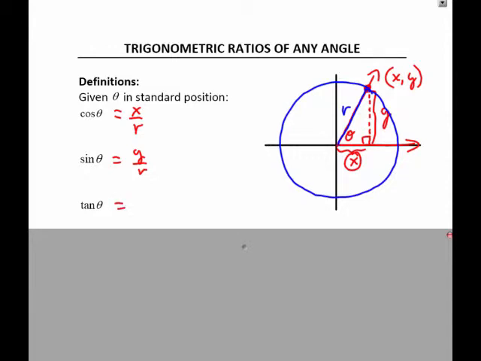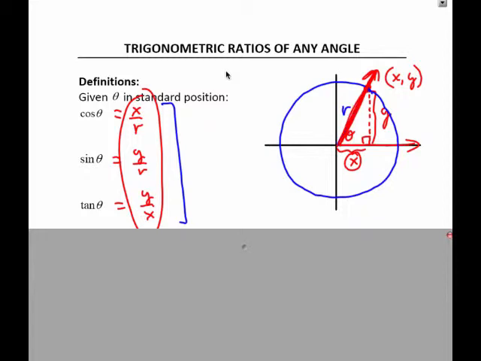And tangent is opposite over adjacent, which is y over x. These are the three definitions of the trig functions you'll want to remember. Because even though I drew my angle in quadrant 1, I could now move this terminal arm anywhere I wanted.